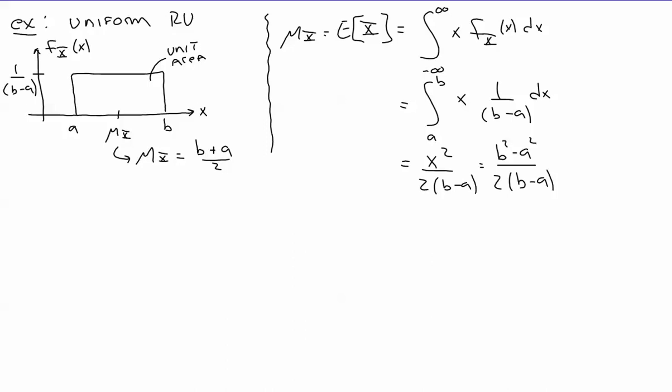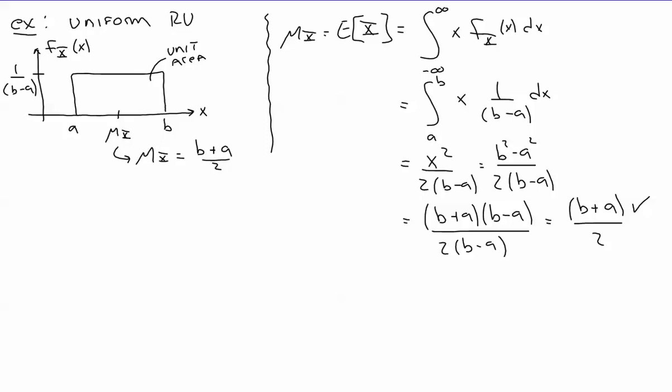After doing some factoring, I'll just write down the steps. It'll be b plus a times b minus a over 2 times b minus a, and that is b plus a divided by 2. So we get the result we expect. You check my math. Make sure I do the factoring correctly.